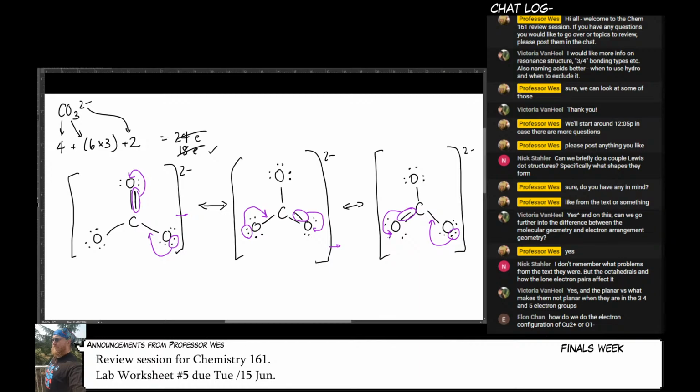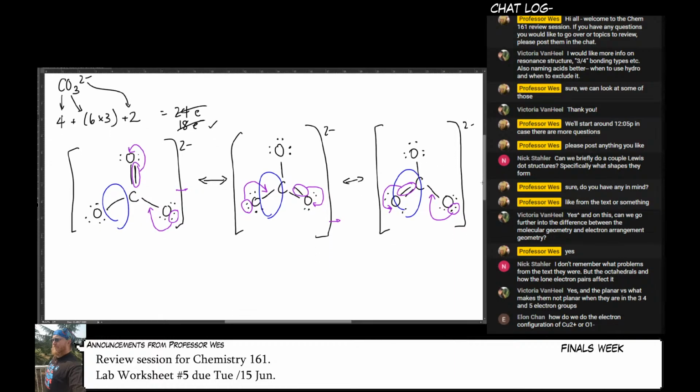Now, if I look at a given position, I'm going to pick this position right here. For a molecule, I can calculate what's called the bond order. And this tells you, oh, is it mostly like a single bond? Is it mostly like a double bond? What's going on here?